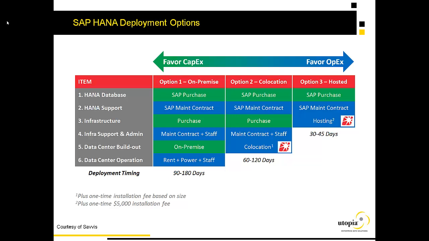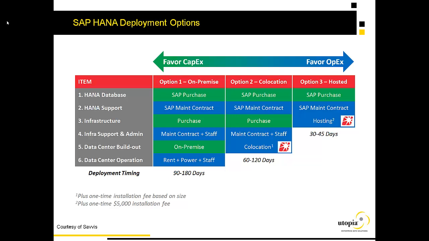And last but not least, over time you have your data center operation, where you've got your rent, your power, and staff. While that doesn't necessarily affect time to ROI, it certainly does affect your total cost of ownership, because it's a little known secret that the number one cost for hosting happens to be power.